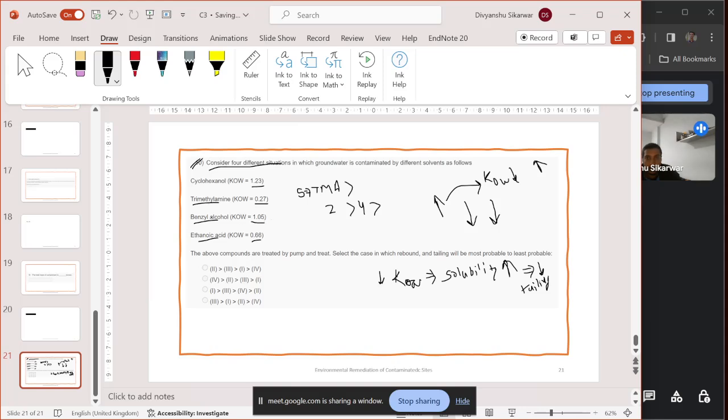Then it will be 3. Then it will be 1. Cyclohexanol will have the lowest solubility.